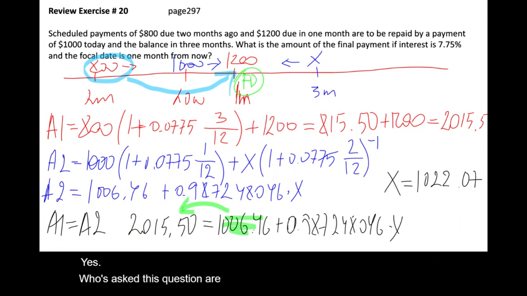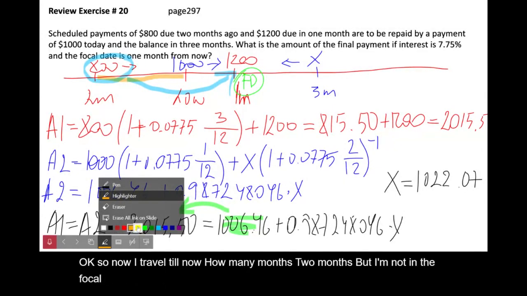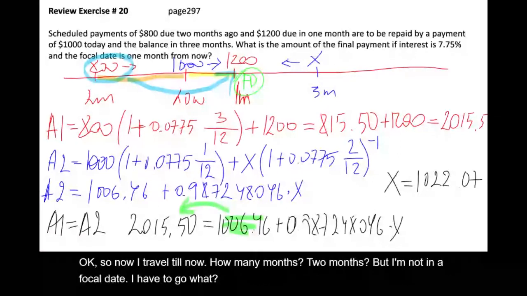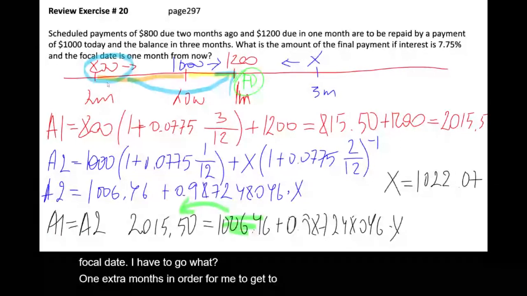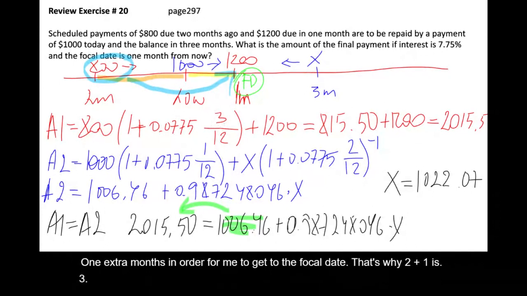Are you following me? Now I travel until now, 2 months. But I'm not at the focal date. I have to go 1 extra month to get to the focal date. That's why 2 plus 1 is 3. Understood?